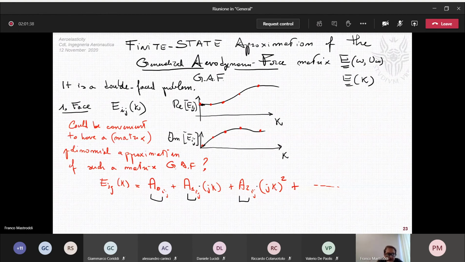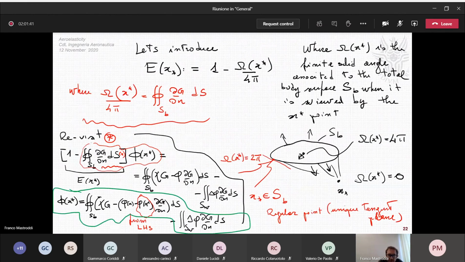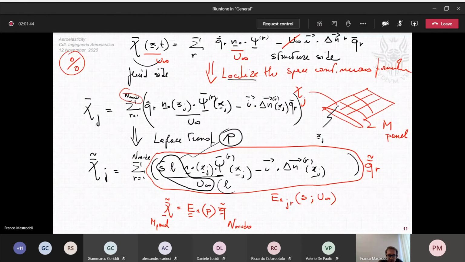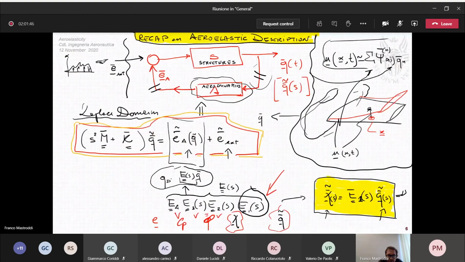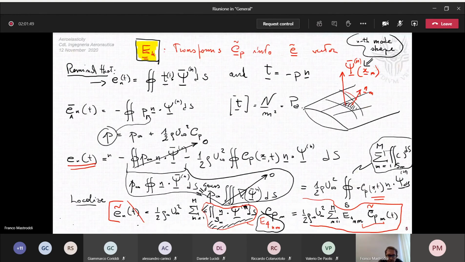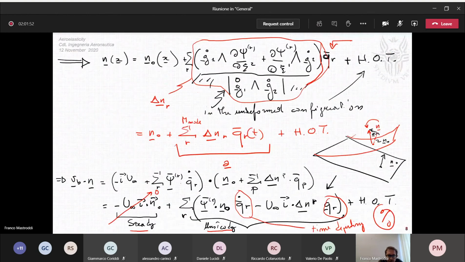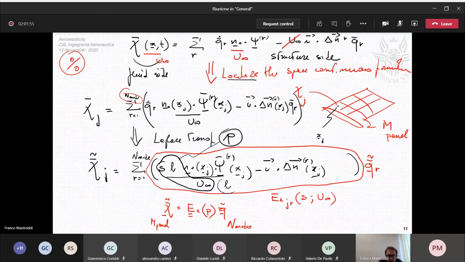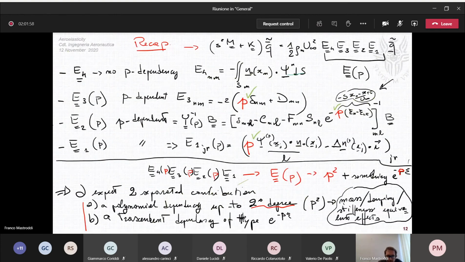We know that the overall aerodynamic matrix is depending on P three times, and these two times are depending linearly on P, and this here is depending exponentially with P. So we know that we have this kind of dependency.